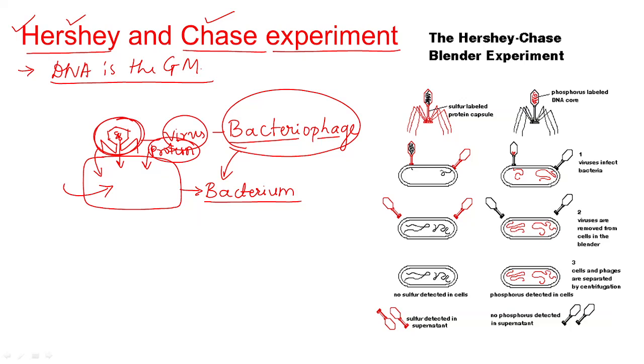If it injects the DNA, then DNA will be what? Genetic material. So, what Hershey and Chase did was identify which particular molecule enters inside. For that sake, they labeled the particular molecules present in this bacteriophage. Let us study about that in detail.